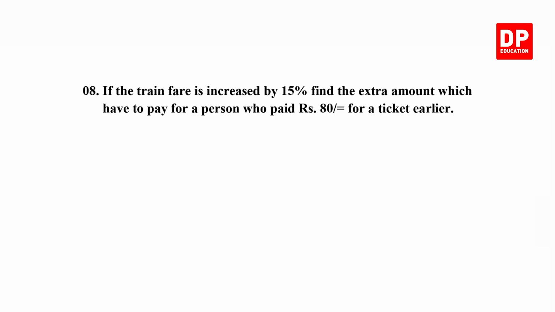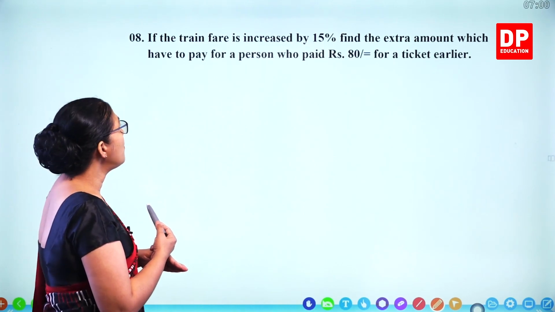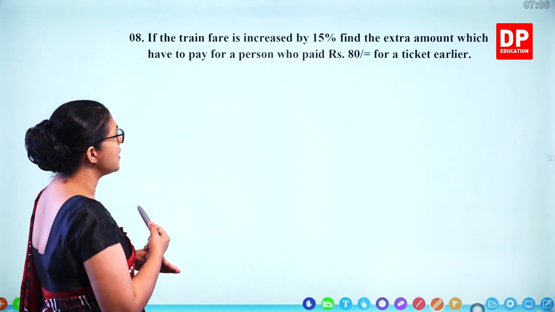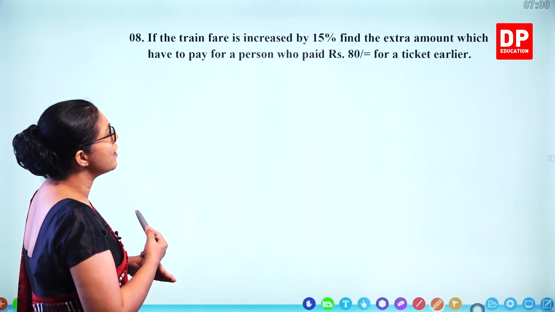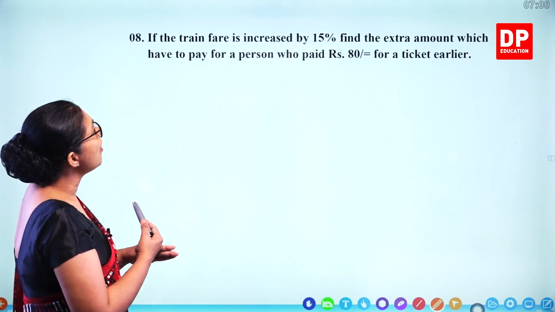Question number 8. If the train fare is increased by 15%, find the extra amount which you have to pay for a person who paid 80 rupees for a ticket earlier. So what's the extra amount?